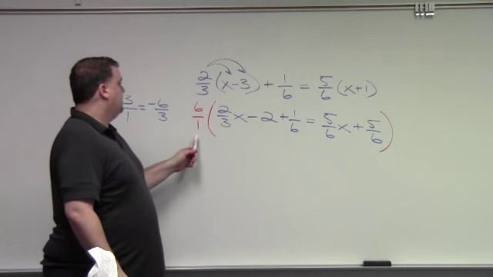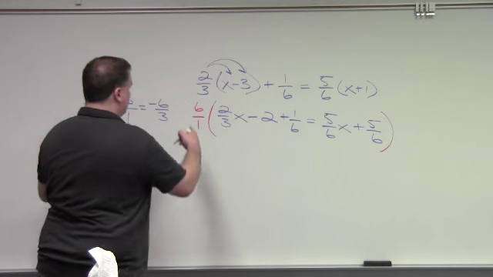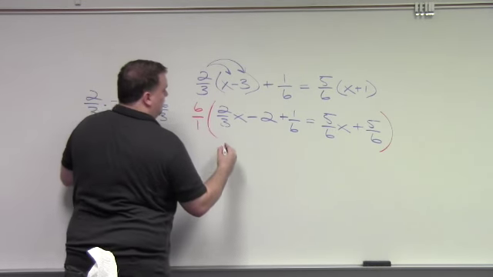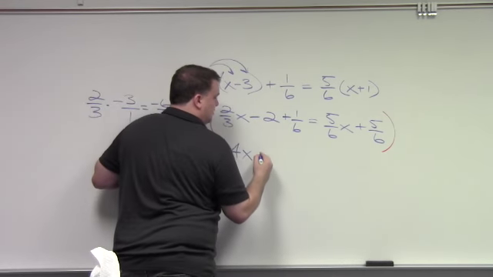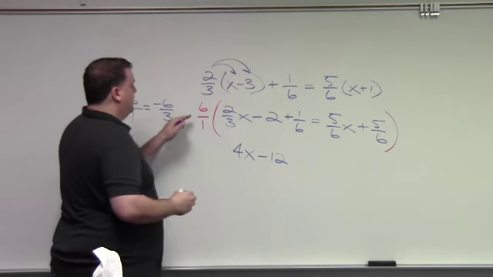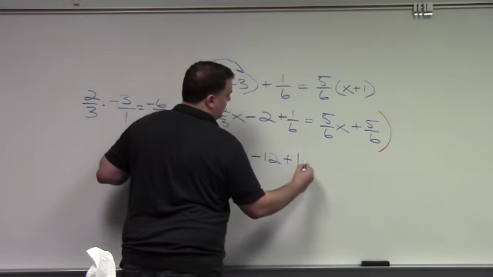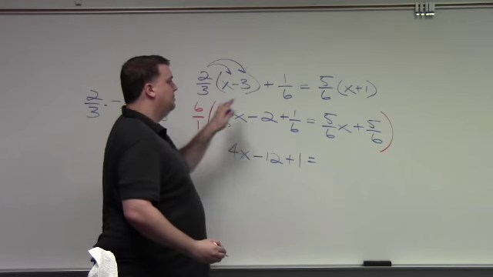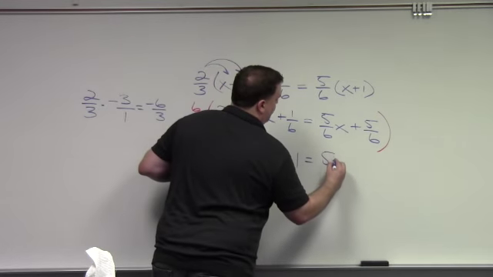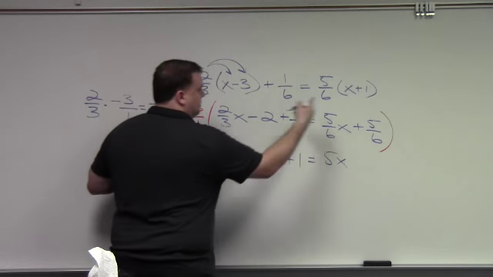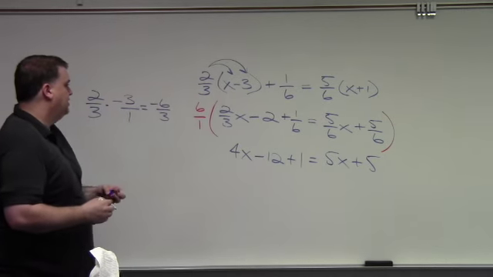So 6 over 1 times 2/3 x, 12 over 3 will be 4x. 6 times negative 2, negative 12. 6 times 1/6, 1. 6 times 5/6 x, 5x, right? The 6's would cancel. Then 5x. And then 6 over 1 times 5/6 again, 5, plus 5. So we cleared our fractions out.